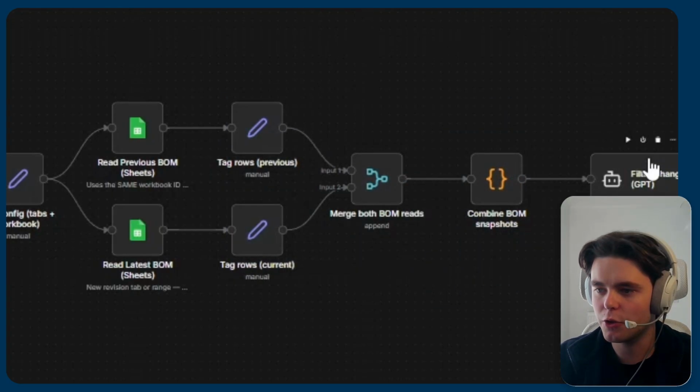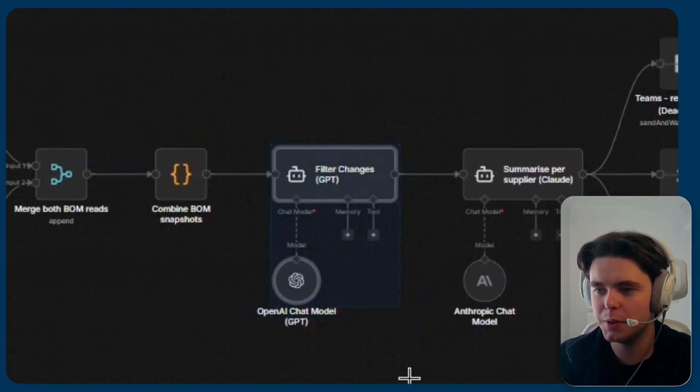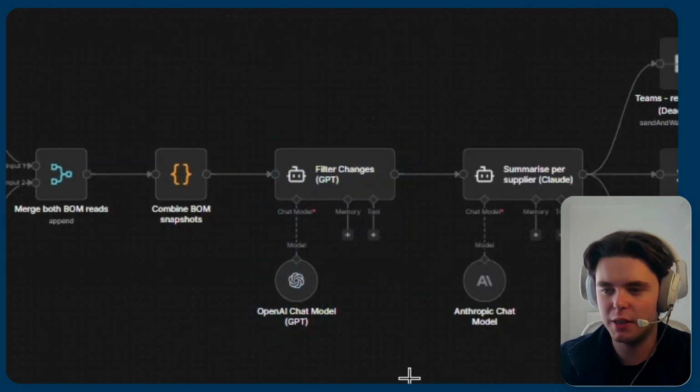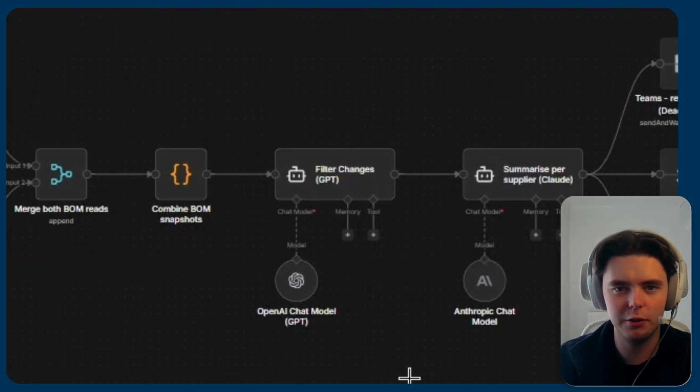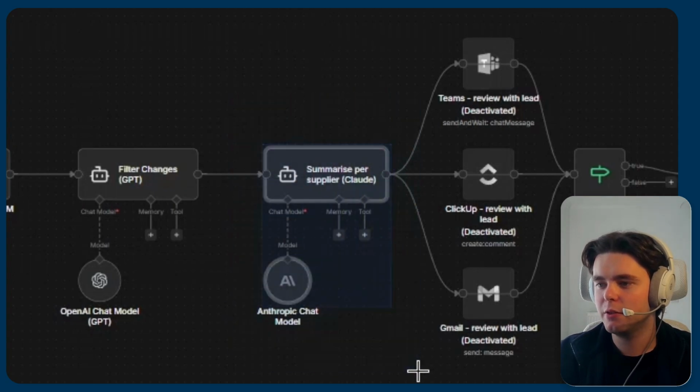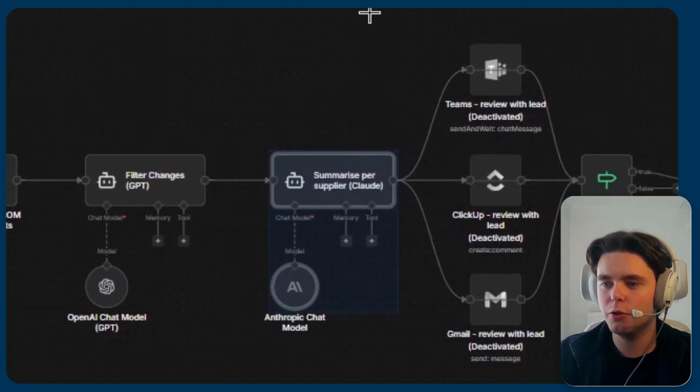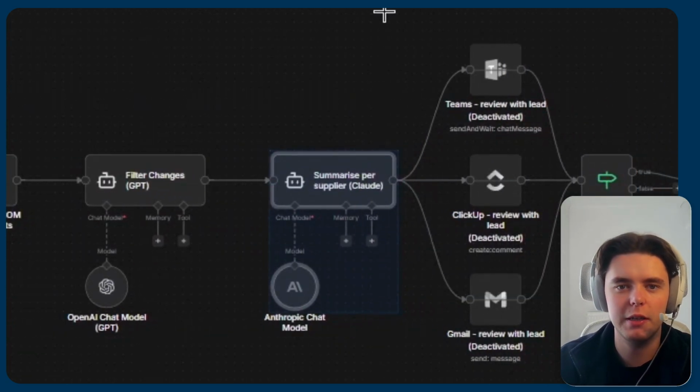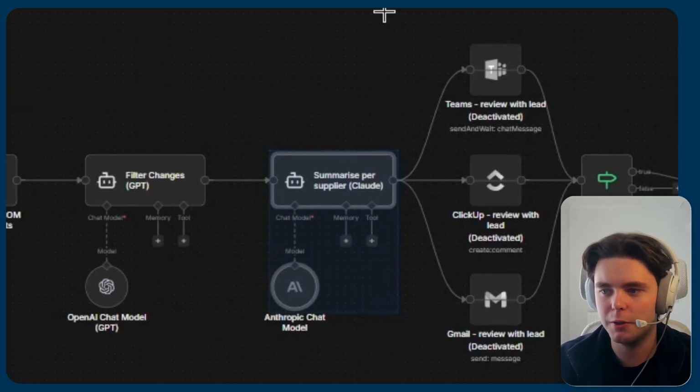for analysis. So this AI model here, we're using GPT. This filters the changes; any format and structure differences like that aren't necessary and aren't data that we want, so they get filtered out. Then it passes to our Claude node to summarize it in natural language for each supplier.